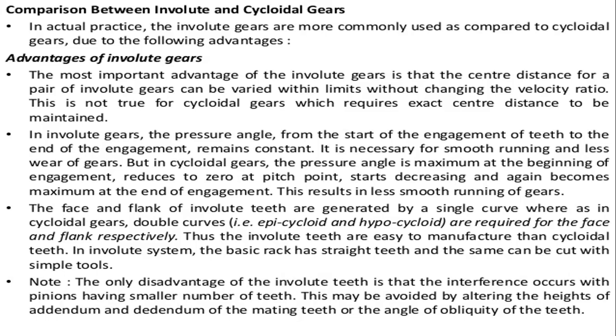Next, the face and flank of the involute teeth are generated by a single curve, whereas in cycloidal gears, double curves are required, that is, the epicycloid curve and the hypocycloid curve.